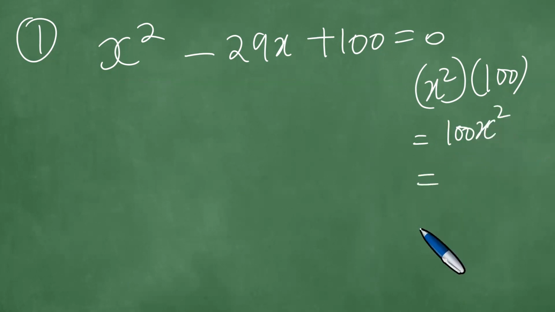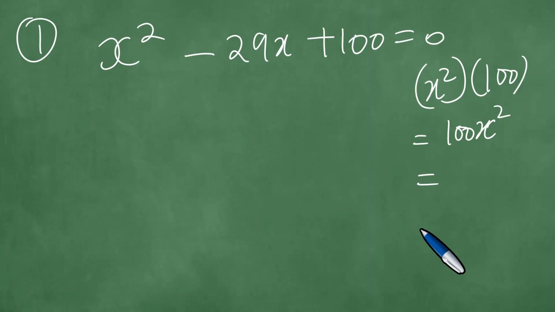And then now we look for the factors of 100 that will give 29. What are the factors of 100 that will produce 29, for example? So you think about the factors of this. I know that this can actually be easily done, but what are the factors of 100 that will certainly give 29?